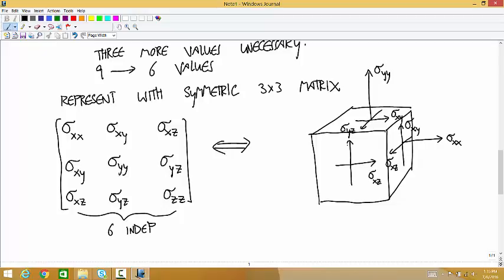In the y direction, this one is yz. And then in the z direction, zz. Every stress tensor corresponds to a stress element, one of these infinitesimal cubes, and this is the meaning of each one of those elements. Okay.